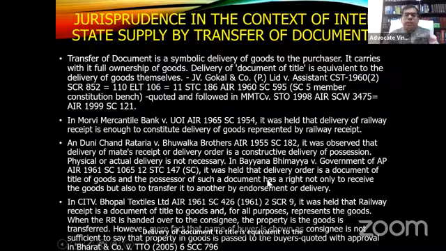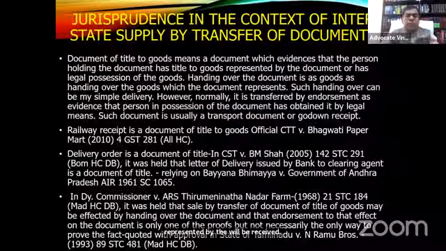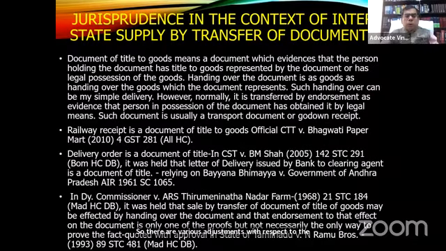In another judgment, it was held that the delivery of railway receipt is enough to constitute delivery of goods represented by the railway receipt. So there are various judgments with respect to the transfer of document of title to the goods.